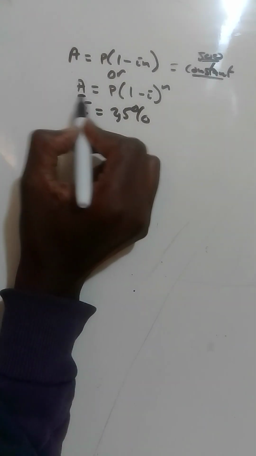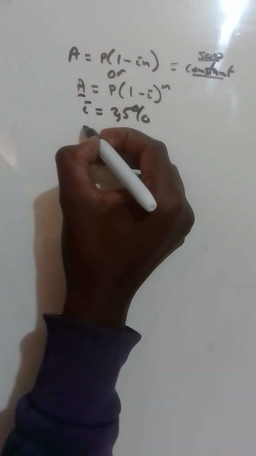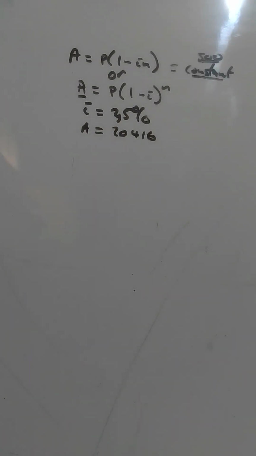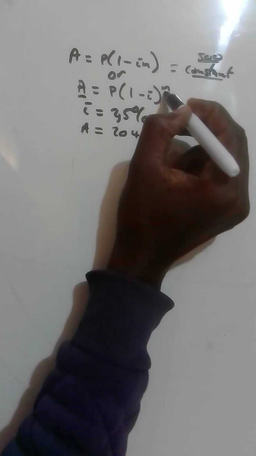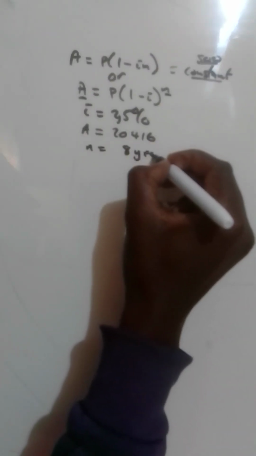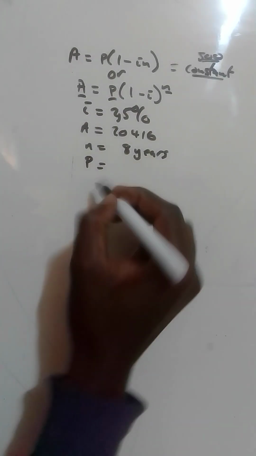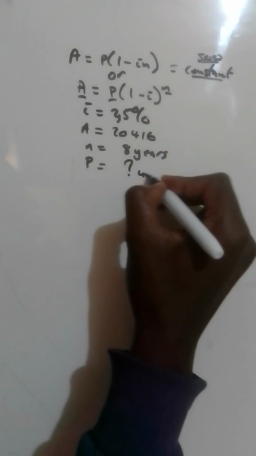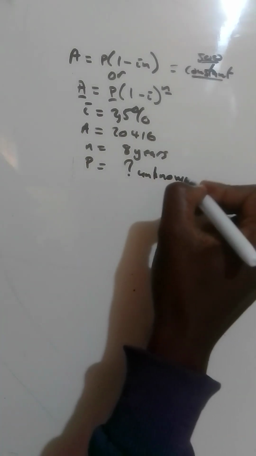This A is the present, so we say A is equal to 20,416, right? Now, how many bees were in the apiary 8 years ago? So N, which is the period, we say N is equal to 8 years. However, P, the number of bees that were available 8 years ago, is unknown. That's what we are looking for, right?